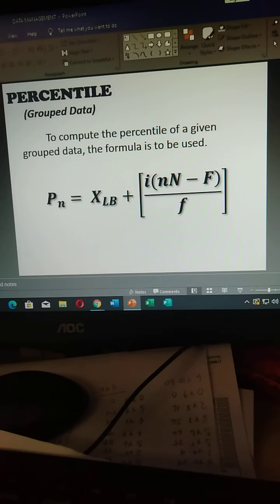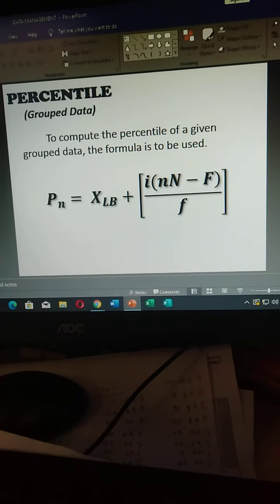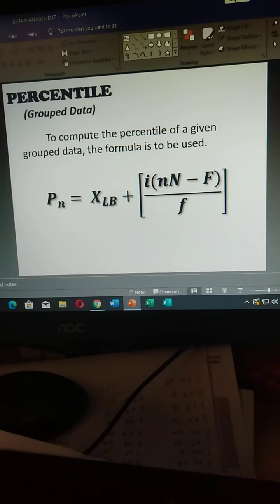This is the continuation, or part 2, of our topic in measures of relative position. I told you a while ago that for relative position, which is the quartile, the decile, and the percentile, I will just give you one formula good for the three that we are looking for, di ba?